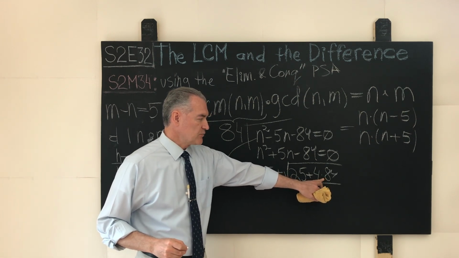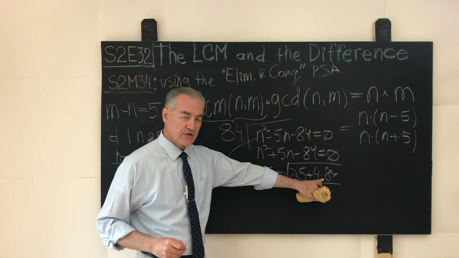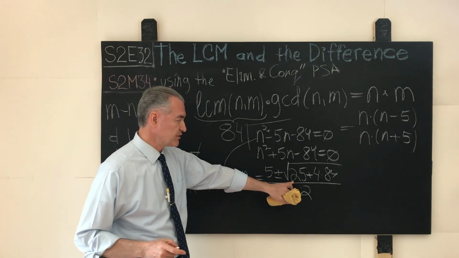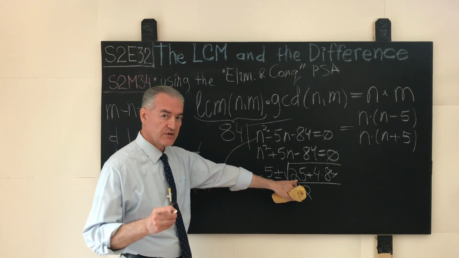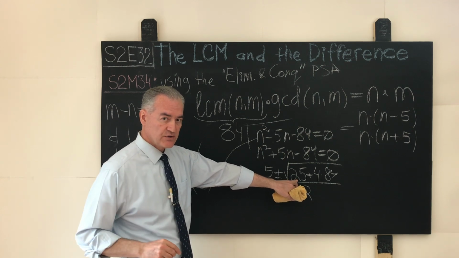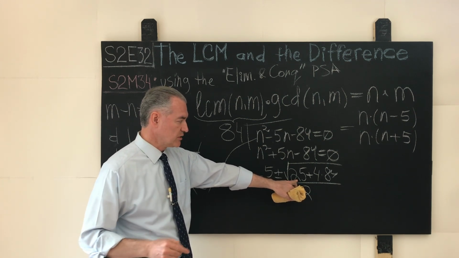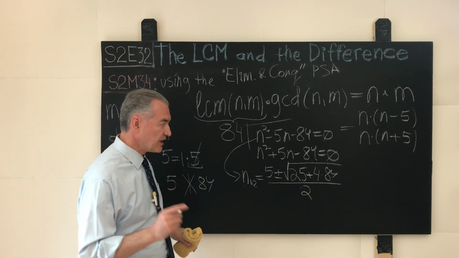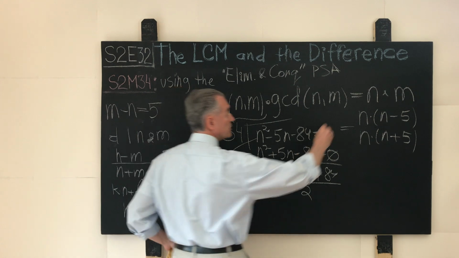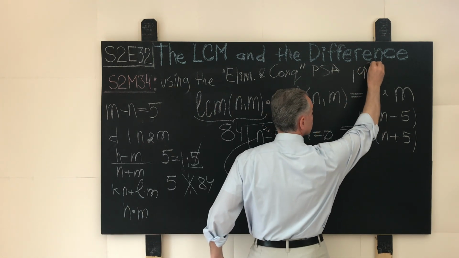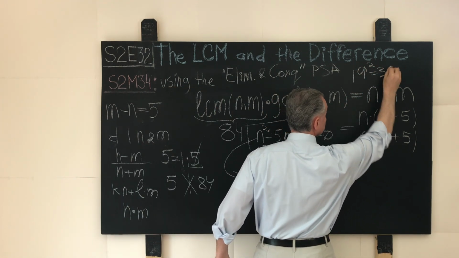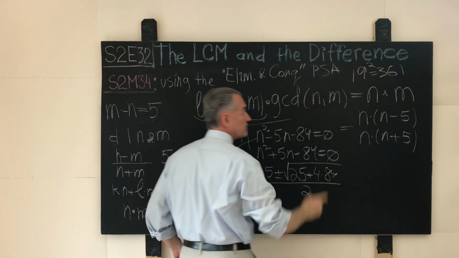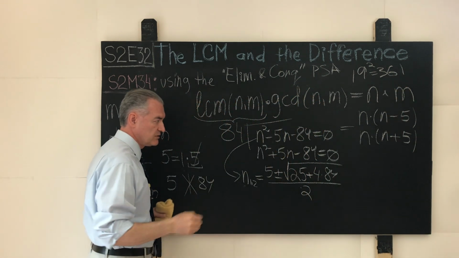84 times 4 is what? 336. 336 plus 25 is what? 361. We remember this from our middle school, or probably even before middle school, multiplication table. 19 squared is 361. And here is actually, I'll show you how it can be done in another way.